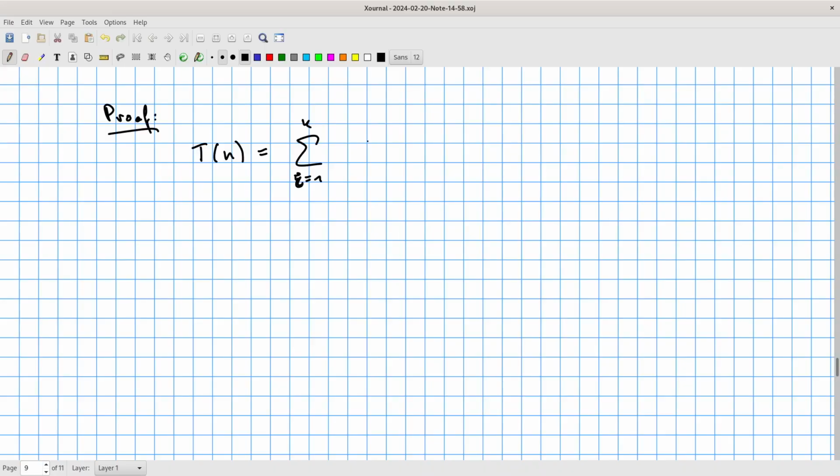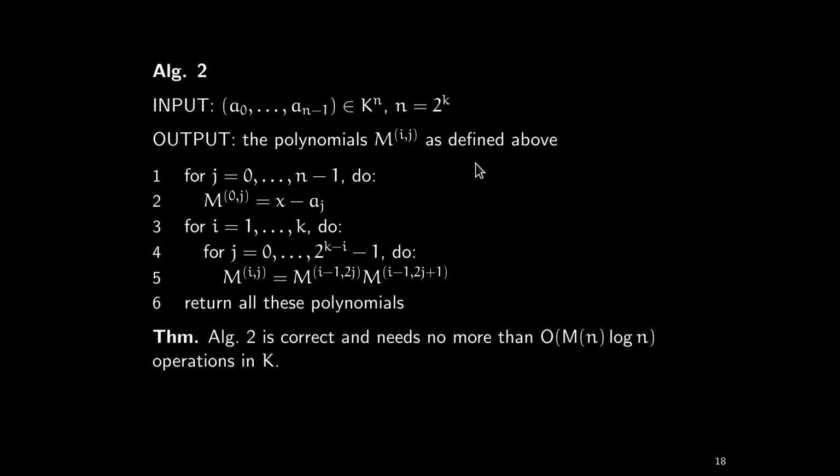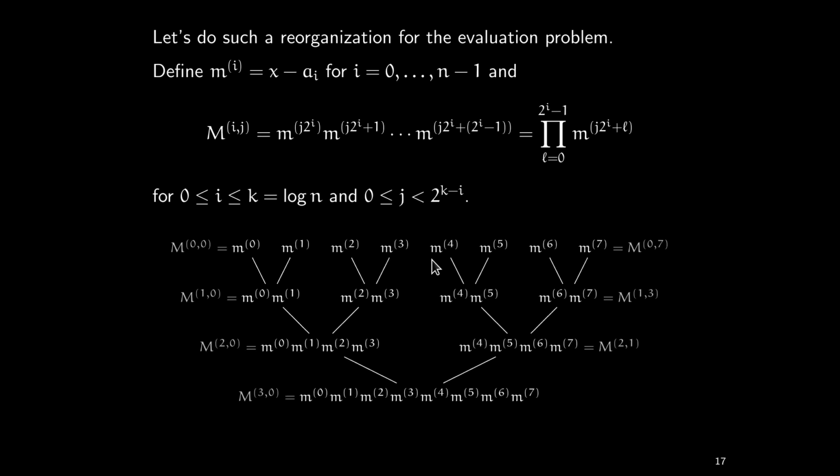Okay, so we have here again a sum. Here j runs from 0 to 2 to the i minus 1 minus 1, and then we have M of whatever the degree is. Okay, but what is the degree? We can see this here in the tree. So at the beginning the degree is 1.